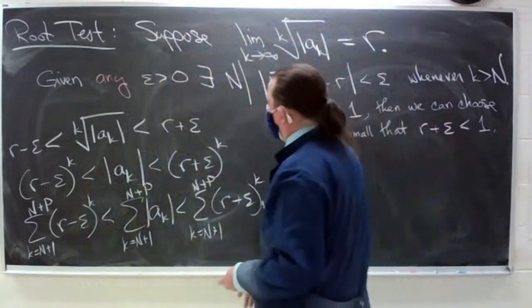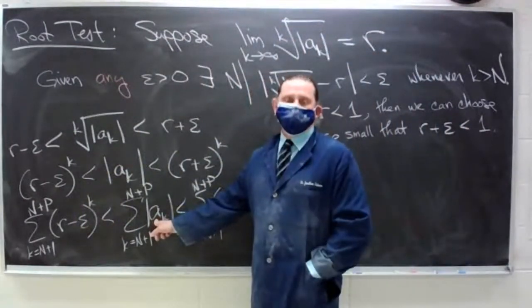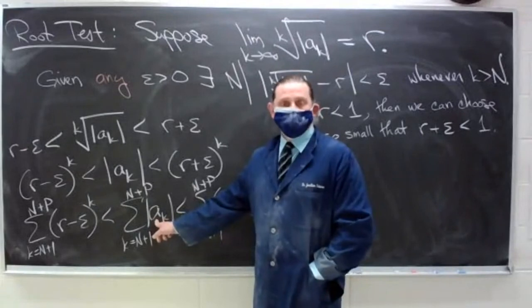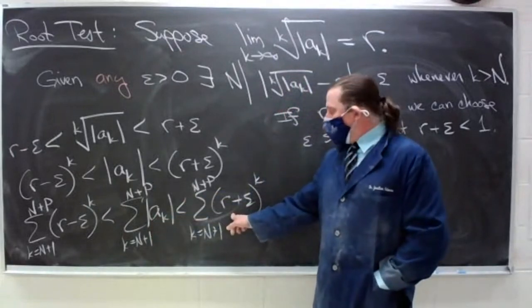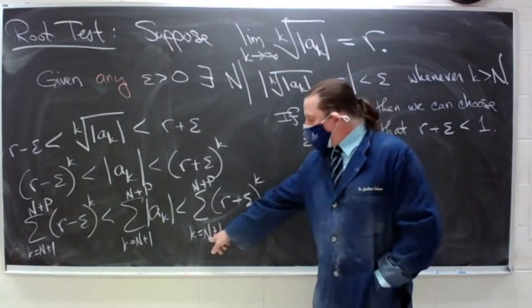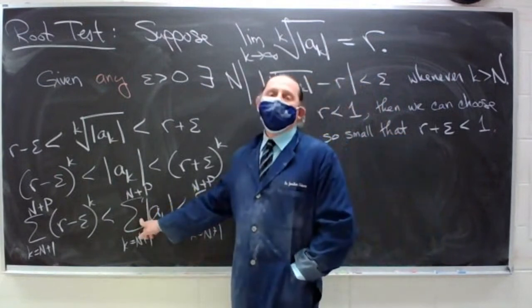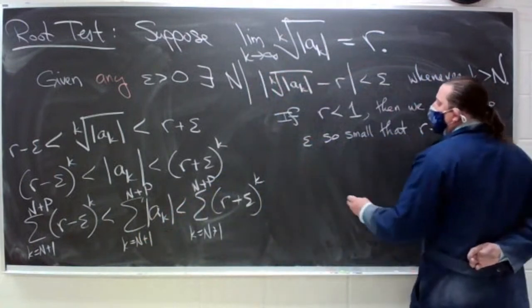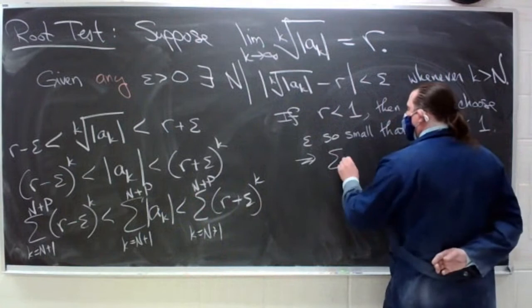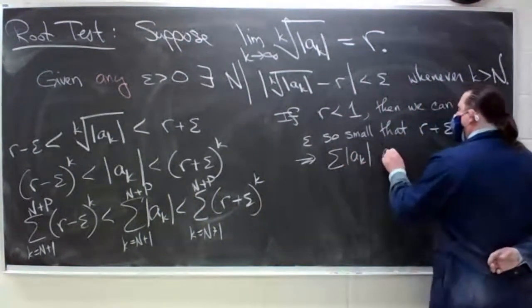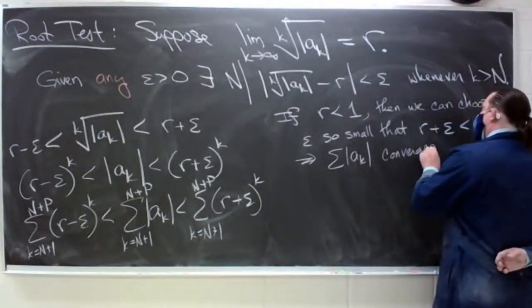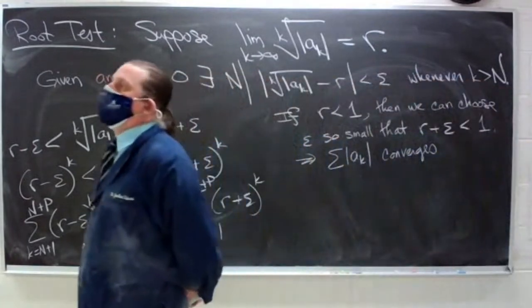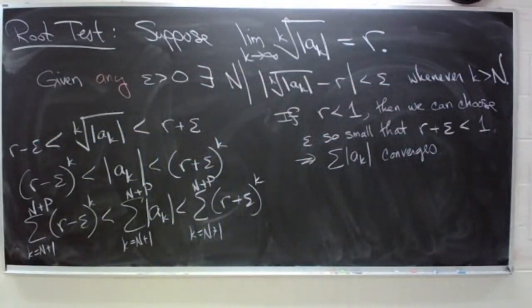So that means that this series is less than that, and since we can make this one as small as we like by increasing capital N, we can make that one even smaller. So this series converges. Notice that this is the sum of the modulus of a_k.